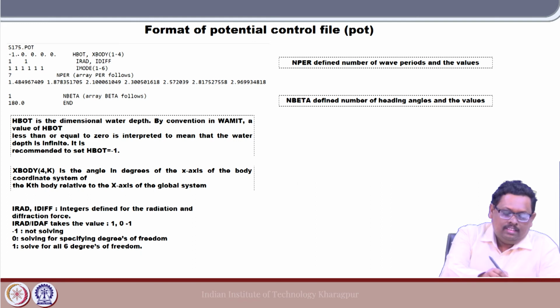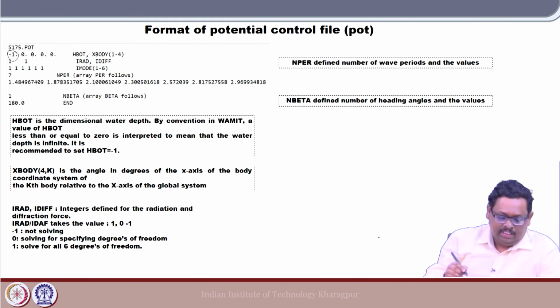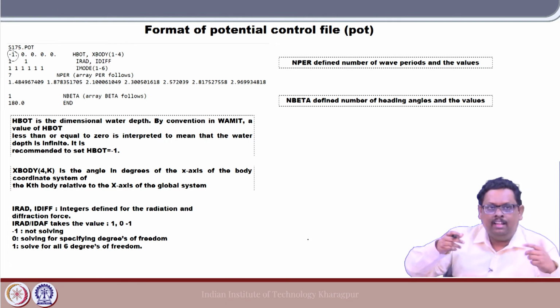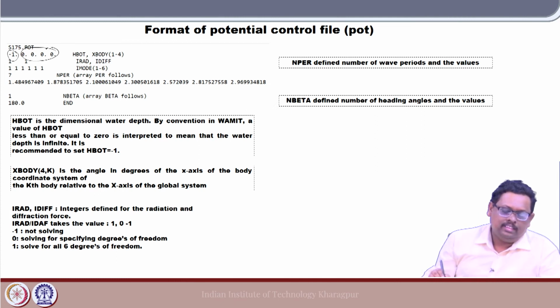First, define the water depth. Here it is given just a dummy value, -1. XBODY is nothing but the angle of the body. I mean, if it has an initial trim or heel, then we need to mention all these 4 values.